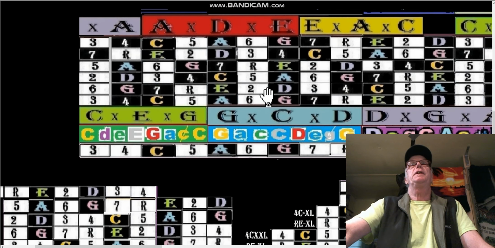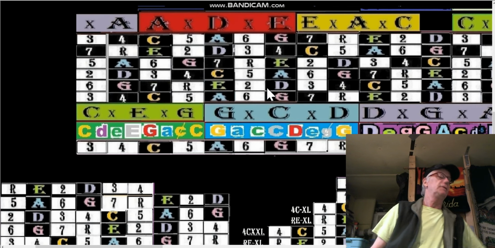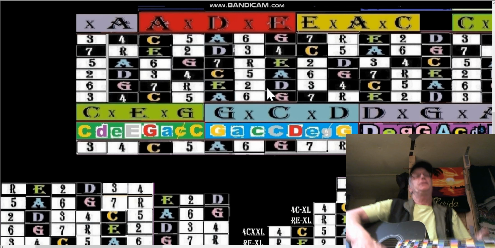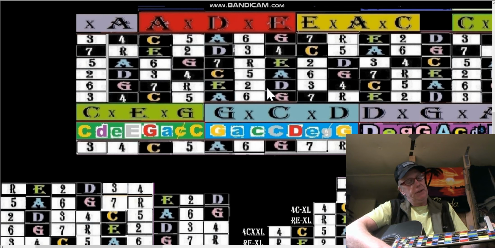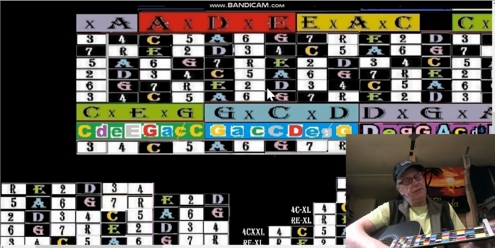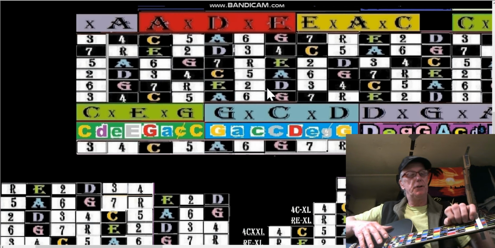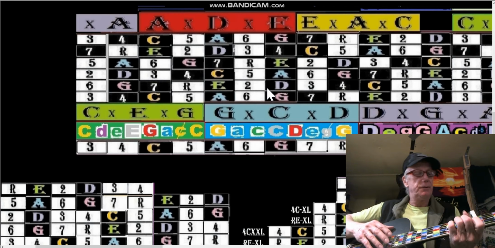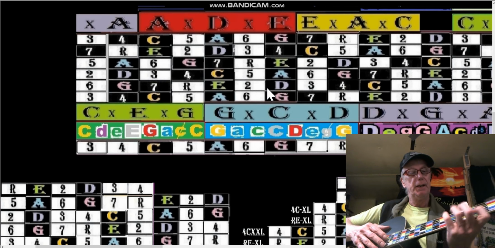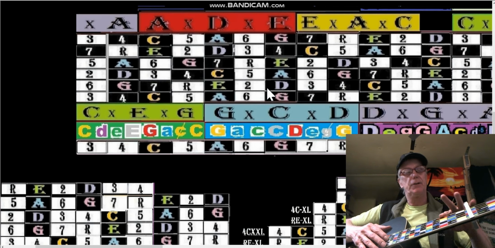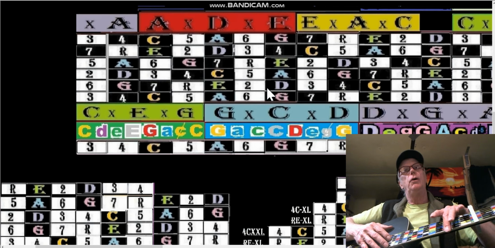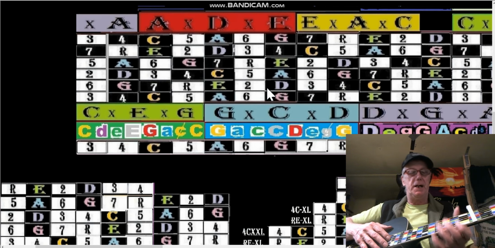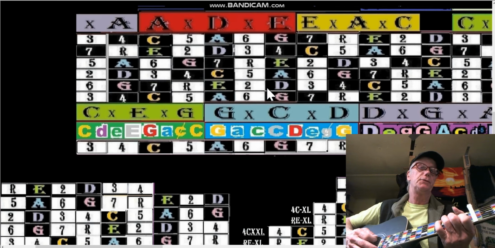Now the wonderful thing about the short string shapes is that the C box in the cage system is a self-contained box. It doesn't expand down into anything else. It's completely contained. All of the modal chords are cage bound, and they all have their original names.